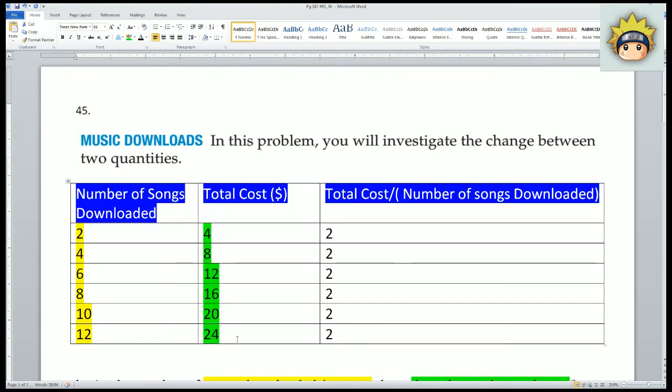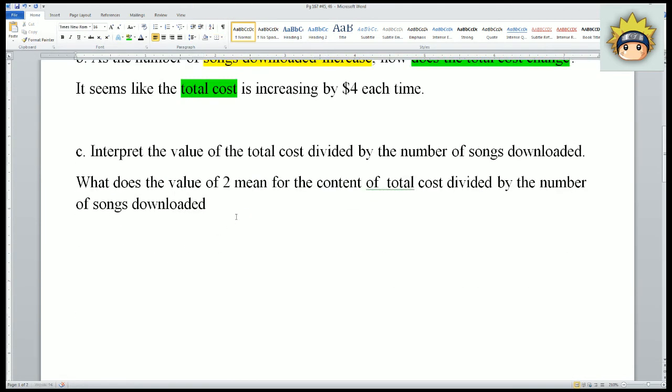It seems like that is the cost of one song.